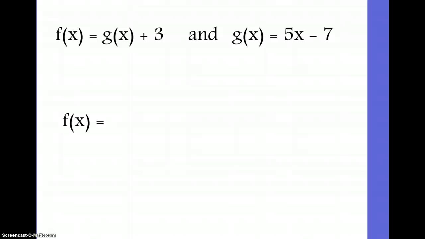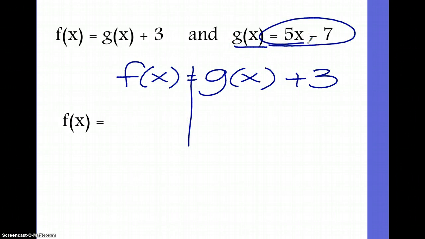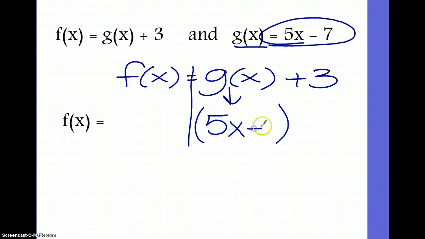So on this one, it's very similar. We have f of x equals g of x plus 3. We know g is 5x minus 7. So underneath g here, I'm going to put that in. 5x minus 7. Bring down plus 3.